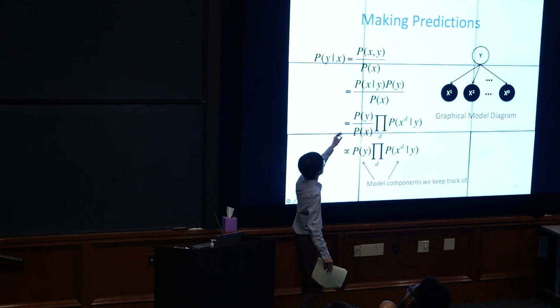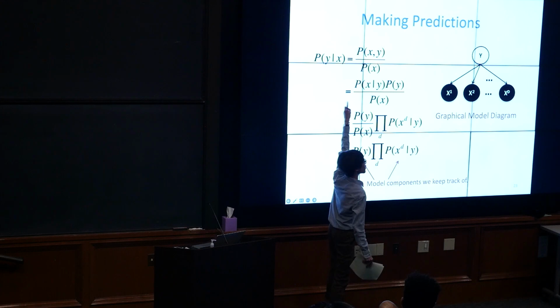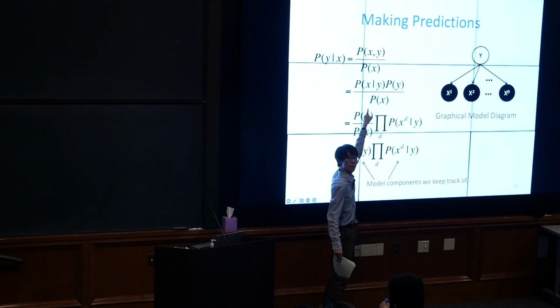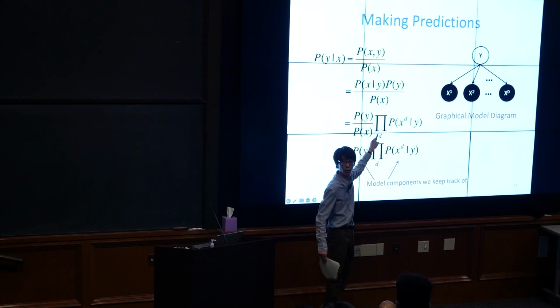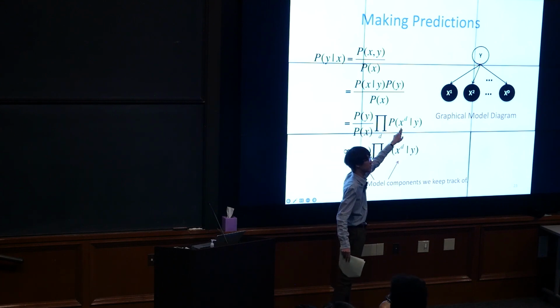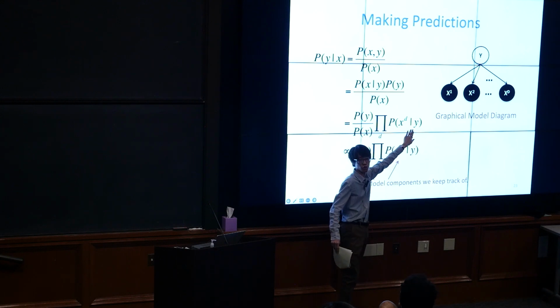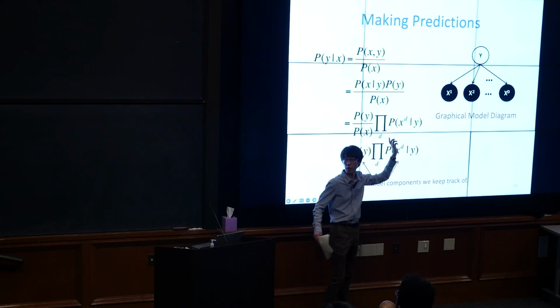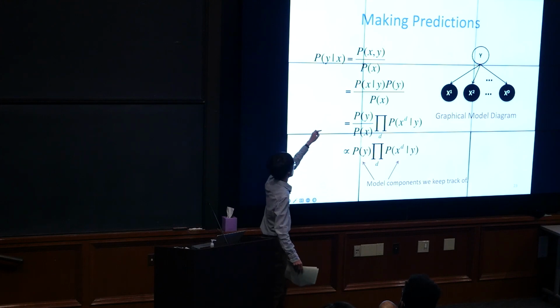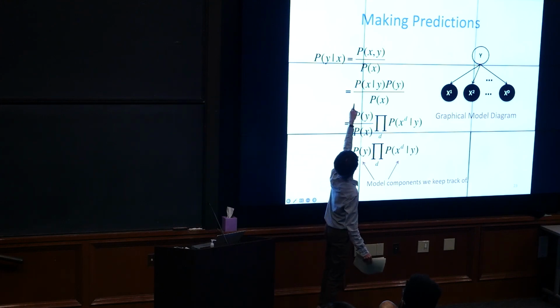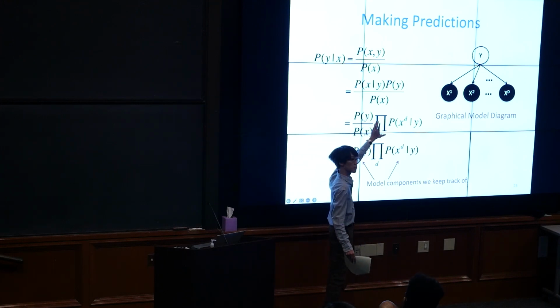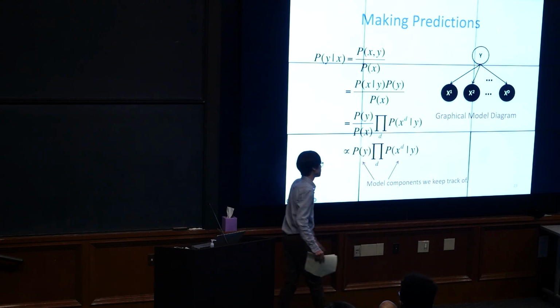From there to there was Bayes' rule. Then from Bayes' rule to here, we have our naive Bayes assumption, where we're assuming that each x is independent, and each element of x is just conditioned on y and not any of the other x values. So now we're replacing p of x given y with this multiplication.